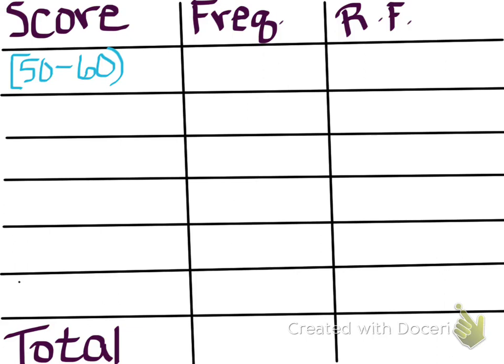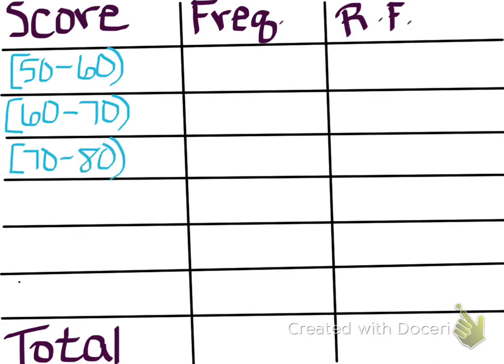It would need to be included in the next grouping, which is why I have a hard bracket and then 60 through 70. And then hard bracket 70 through 80. And these ones, I just grouped based on what made sense. Because these were test scores, it makes sense to go by tens, because that's how we determine whether it's an A, B, C, D, or F.